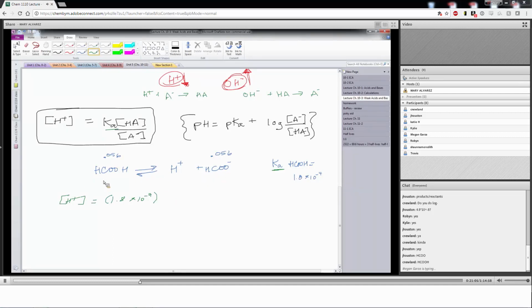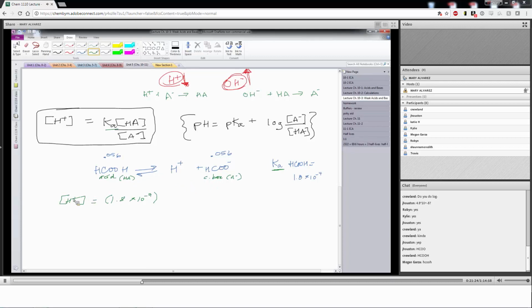Yeah, this is my acid, or in other words, this is HA. And this is my conjugate base. Again, this is what we did at the very beginning of this chapter, identifying what's my acid and what's my conjugate base. That's going to be important for this section.